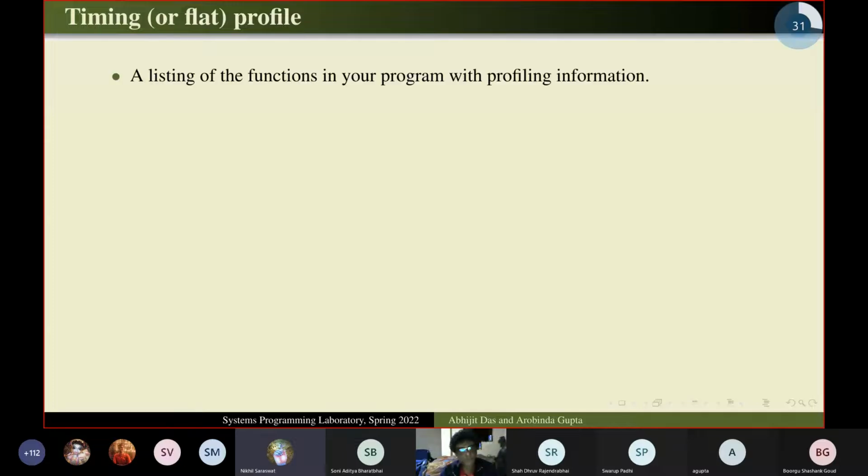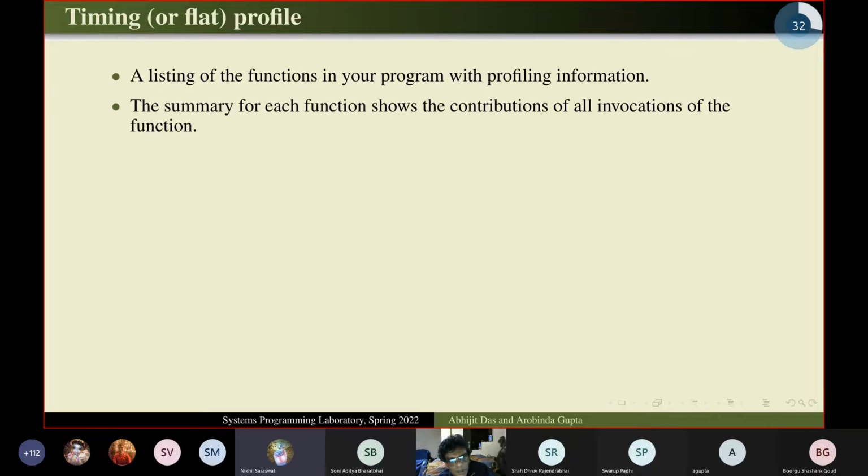Okay, so now let us look at these two types of profiling information. One is timing and the second one is call graph. So it's basically a table, which consists of the following: a listing of the functions in your program with profiling information, and you have a summary.